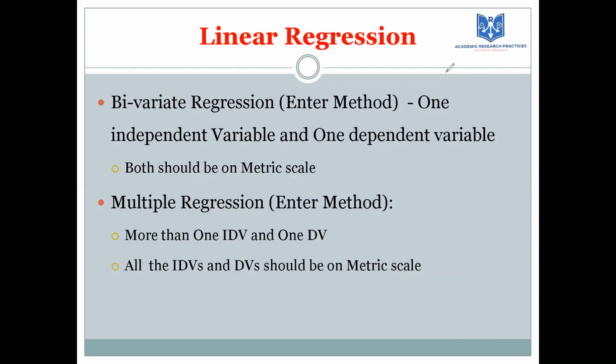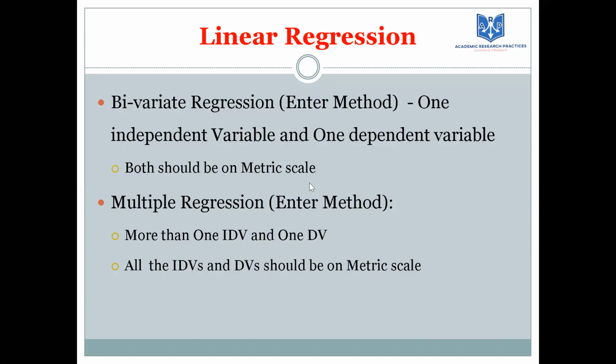All right, now there is a concept of bivariate regression. In the bivariate regression, we will take first of all the enter method. In the bivariate, we have one independent variable and one dependent variable, right?